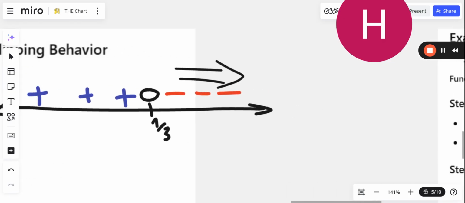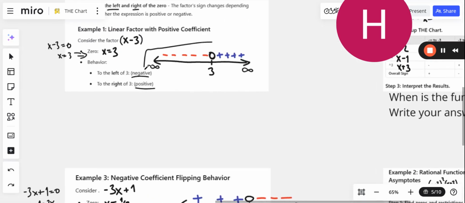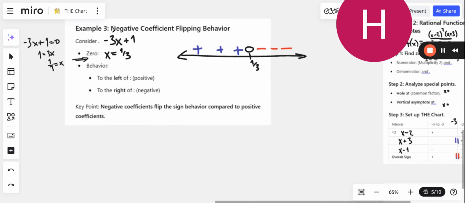The sign behavior flipped from the previous one. That one is normal sign behavior because there's a positive on the x: when I plug in a bigger number, I get a bigger value. But in this other case, with a negative on the x, if I plug in a bigger x, I actually get a more negative result. So the behavior switches, and that's a note you can write down: negative coefficients are going to flip the sign behavior compared to positive coefficients.